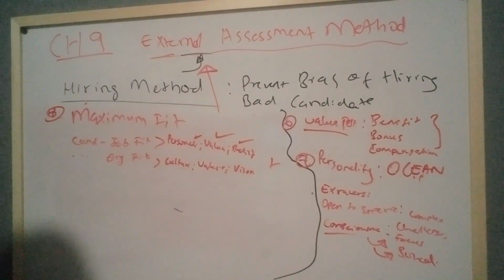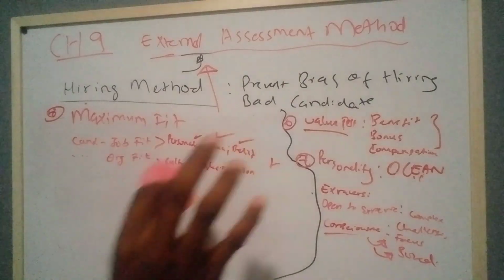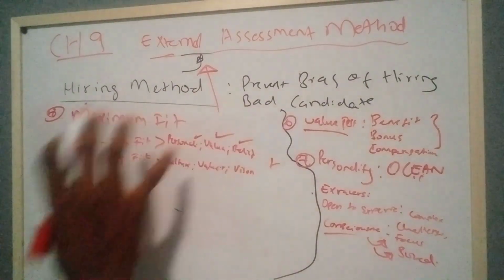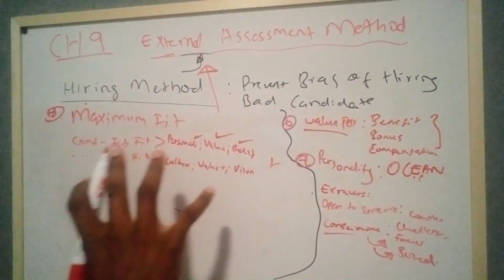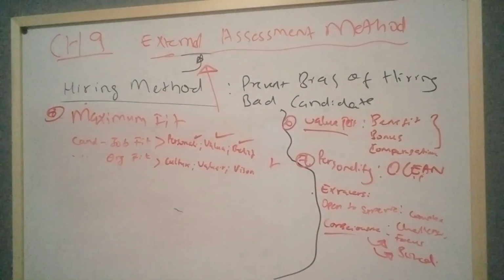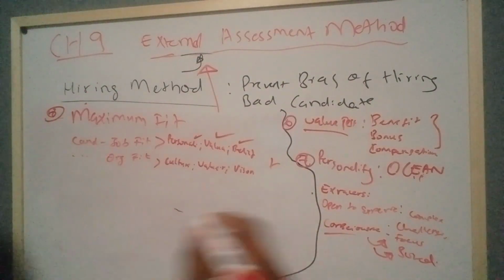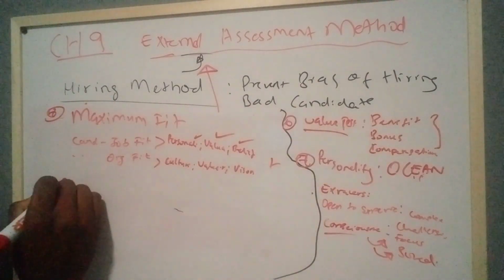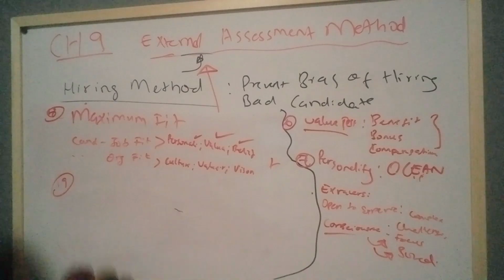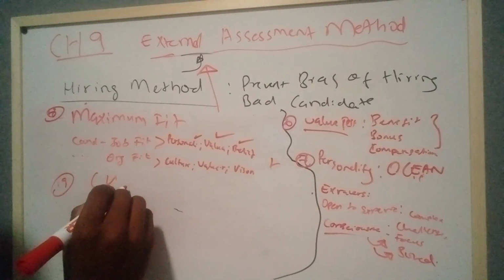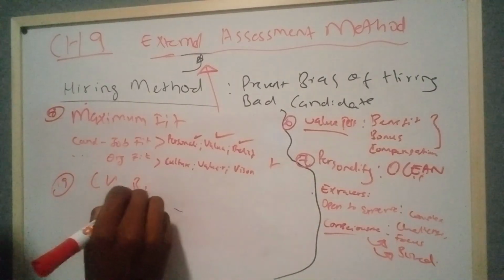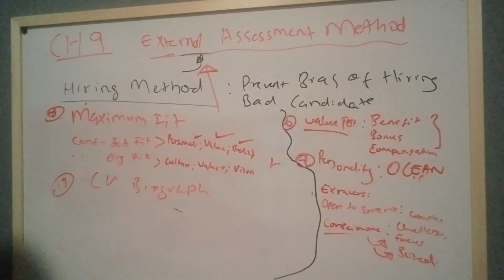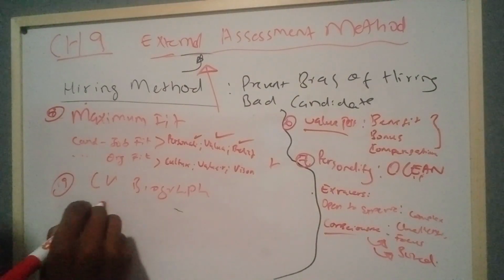Right. So we are done now, guys. You will just continue to study the other part. I think I've clearly mentioned all these things, and then the simple external assessment methods that you know, which are the CV, biography, maybe telephone screening.